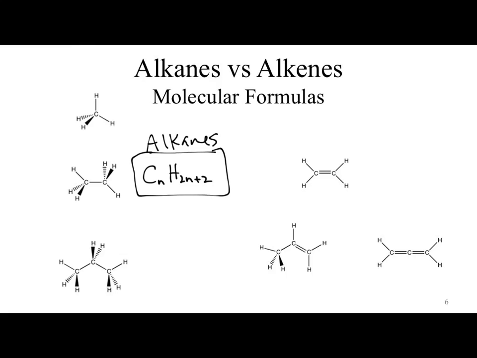When we move to the alkenes, first off, our simplest alkene is going to have to be ethene. Why ethene? Why can I not get any simpler than that? I have to have at least 2 carbons to have a double bond. Okay? So what's our formula there?